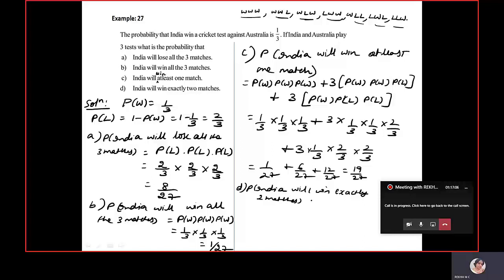So that is equal to 3 into P of W into P of W into P of L. So I can take it as 3 into 1 by 3 into 1 by 3 into 2 by 3. That is equal to 2 by 9.